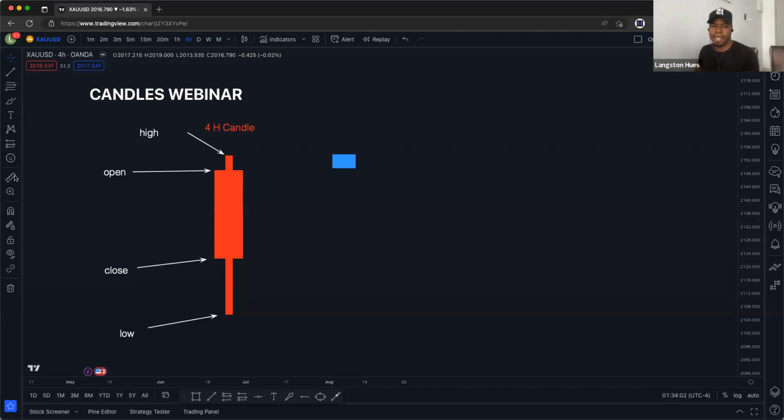We may have had a bearish candle that did something like this, coming all the way down to create this low, right? We may have had another bullish candle that did something like this, potentially.